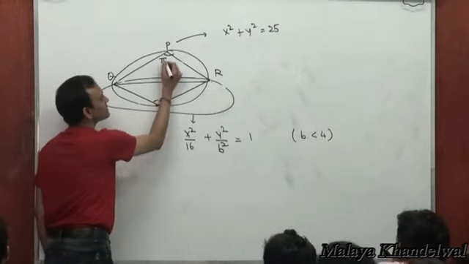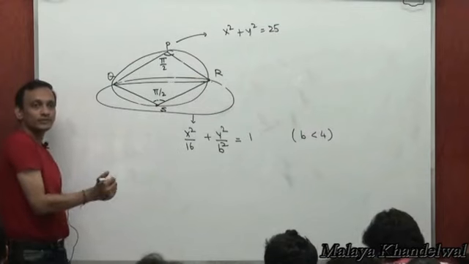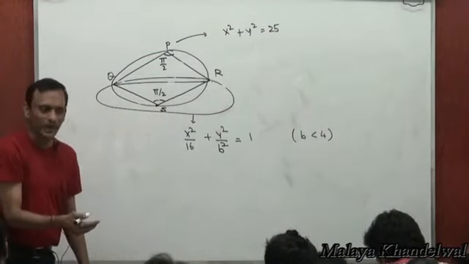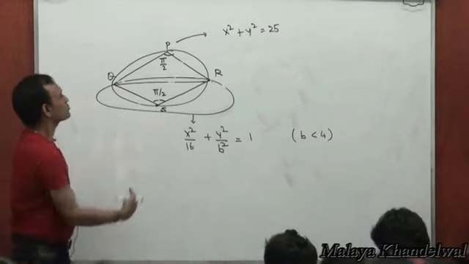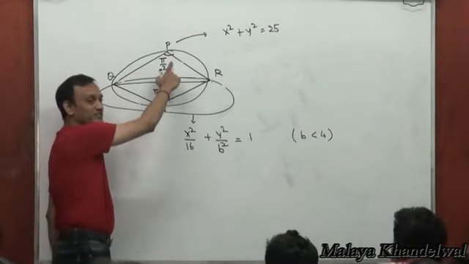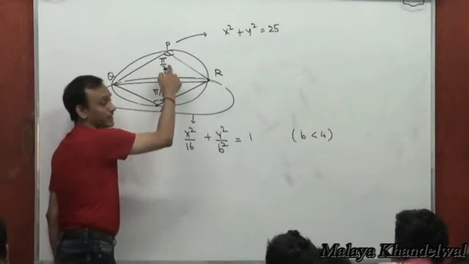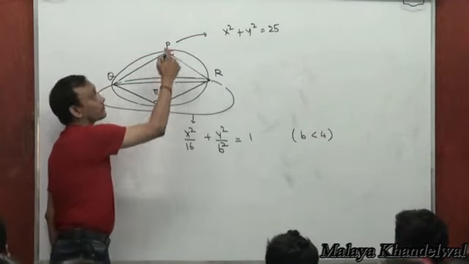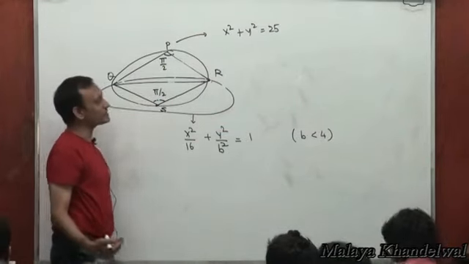That means this must be 90 degrees and this must be 90 degrees, to have compliance with a parallelogram as well as a cyclic quadrilateral, right? Which means the angle at P is 90 degrees. That means the two tangents drawn from P to the ellipse are at right angles. That means P must lie on the director circle.